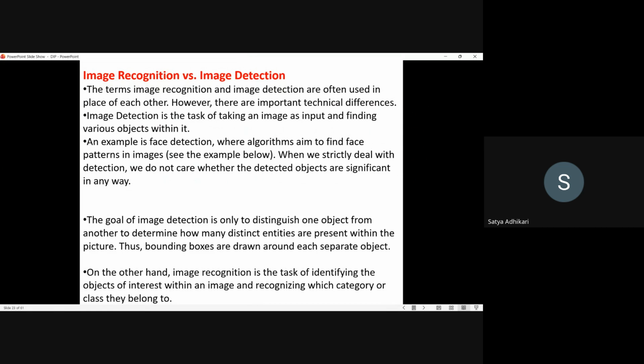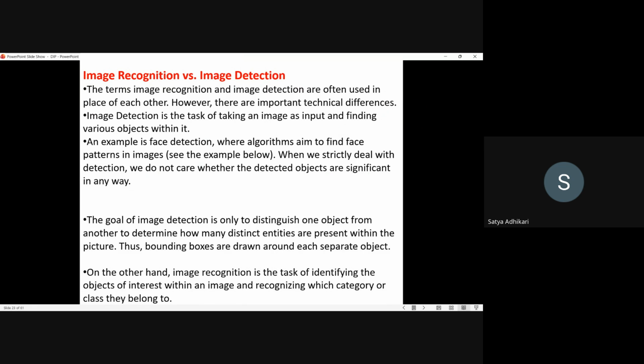When we strictly deal with detection, we don't care whether the detected objects are significant in any way. The goal of image detection is only to distinguish one object from another, to determine how many distinct entities are present within the picture. Thus, bounding boxes are drawn around each separate object.